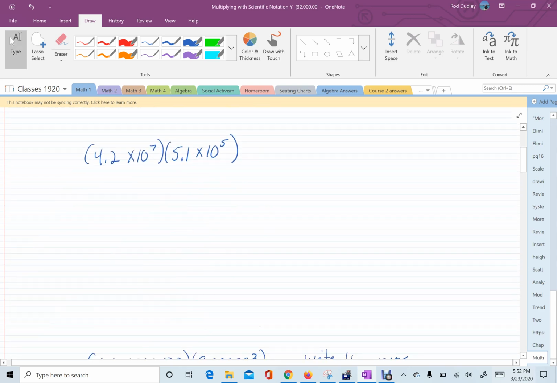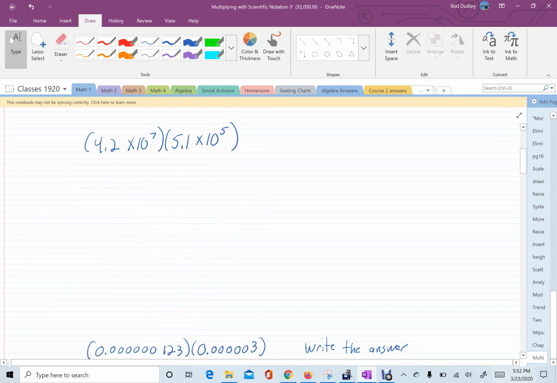All right, so here we have 4.2 times 10 to the 7th times 5.1 times 10 to the 5th. So again, we're going to start by rewriting this. We're going to group our 4.2 and our 5.1. Remember, multiplication is also associative. We can regroup, multiplying in any order.